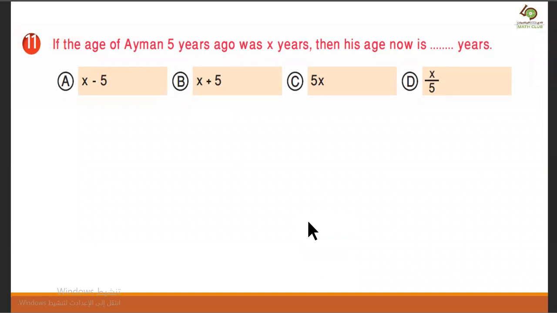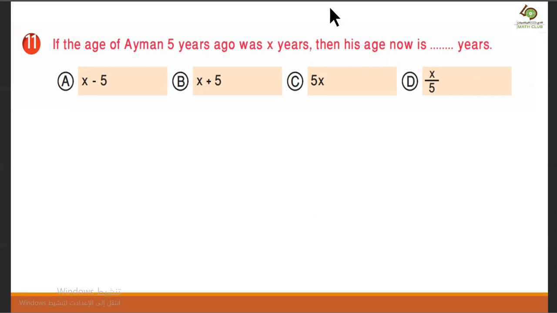If the age of Ayman 5 years ago was X years, then his age now is what? It is B.